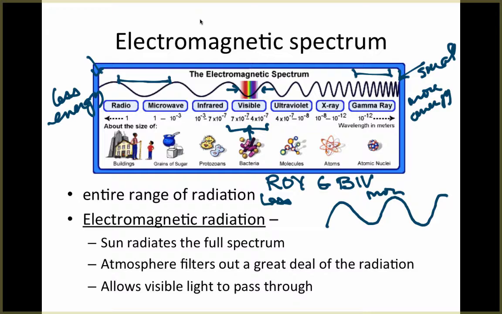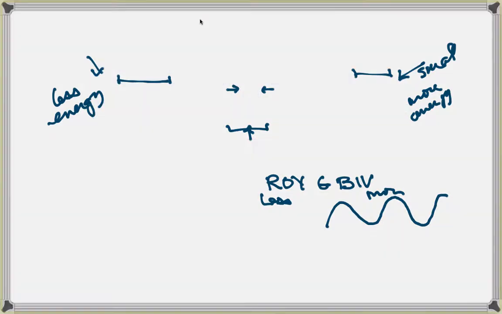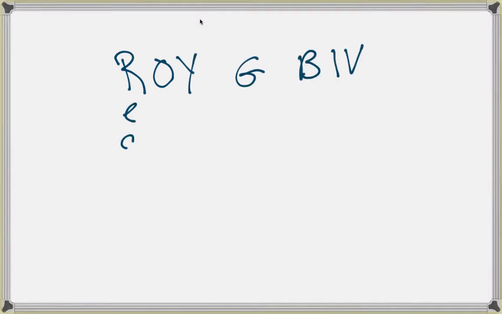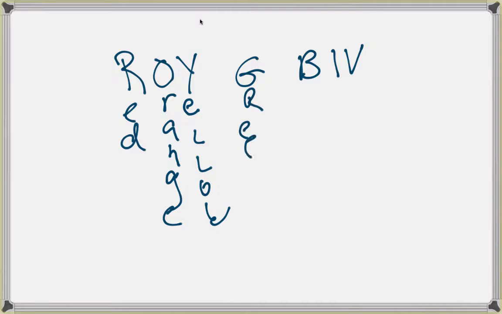Roy G. Biv stands for red, orange, yellow, green, blue, indigo, and violet.